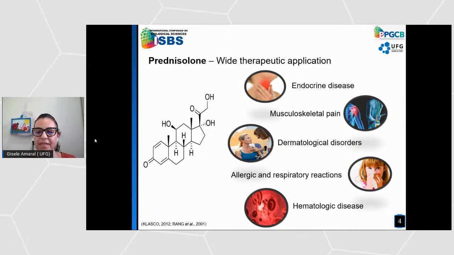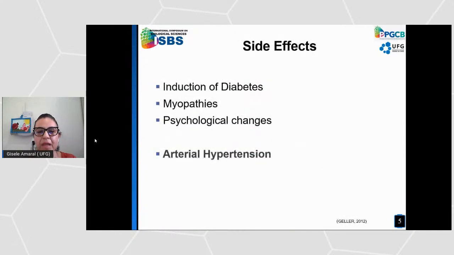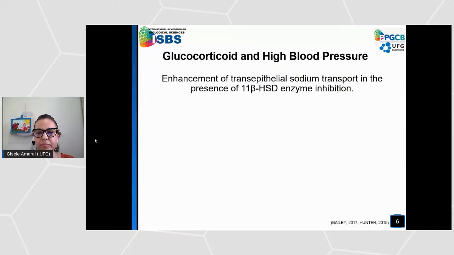The problem with this glucocorticoid is that in most of these treatments, the patients have to take the drug for a long period of time, and it can lead to the appearance of many side effects like induction of diabetes, myopathies, physiological changes, and in particular, arterial hypertension.